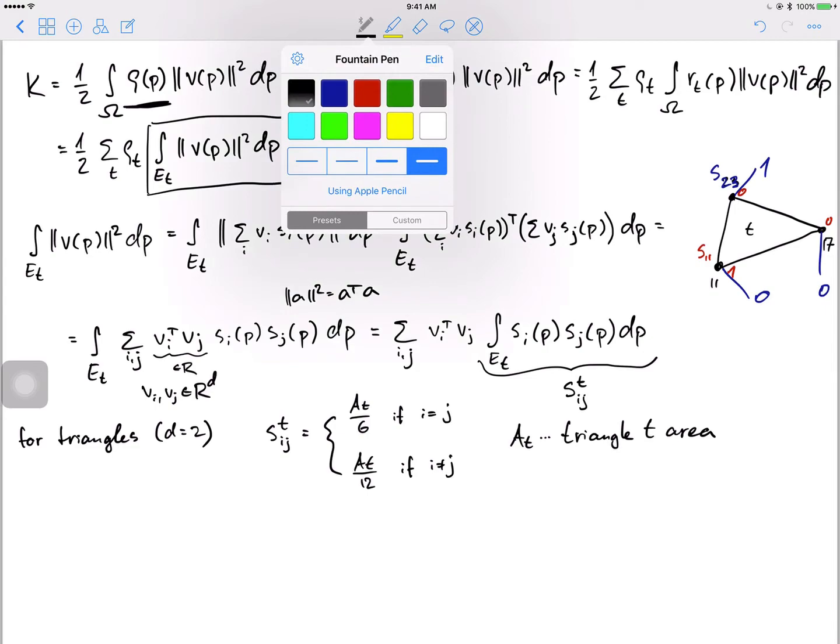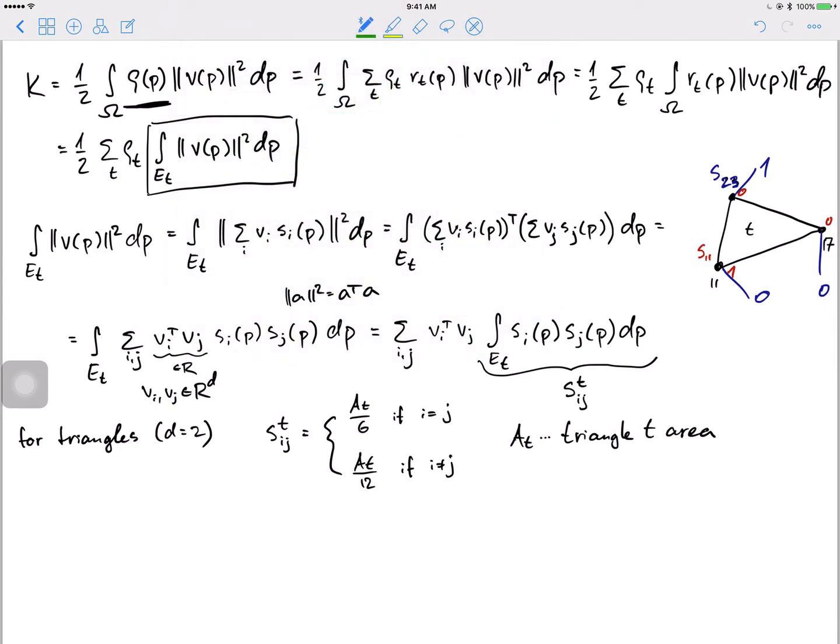Let me write it here. Here would be S17, right? So for every triangle, we have 3 shape functions. For every tetrahedron, we have 4, because a tetrahedron has 4 vertices or nodes. Actually, what do you get for a tetrahedron? There the integration is even trickier.